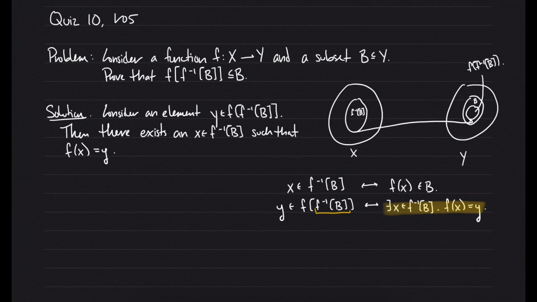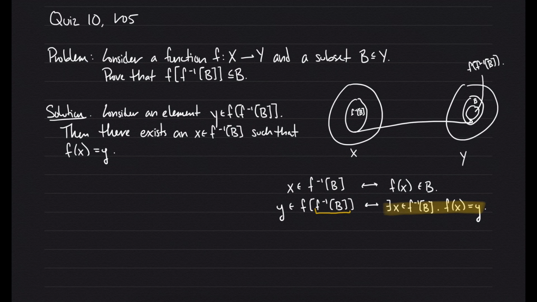So now we know that there is some x in f inverse of B such that f of x equals y, but saying that x is in f inverse of B is kind of a weird way to say something else. So what does it actually mean for x to be in f inverse of B? We should try to simplify that and hopefully glean something a bit easier to understand.